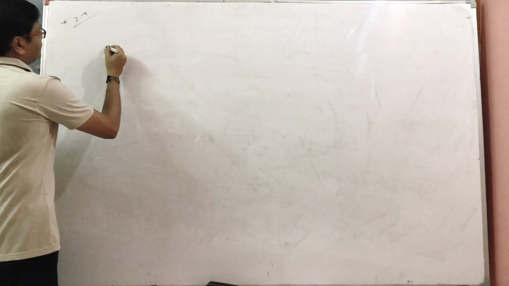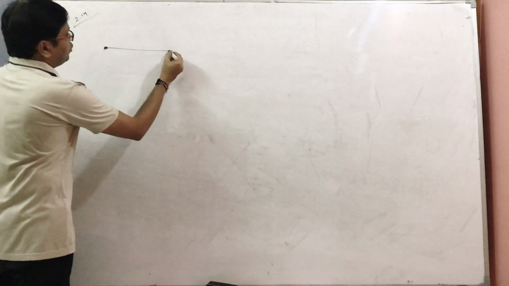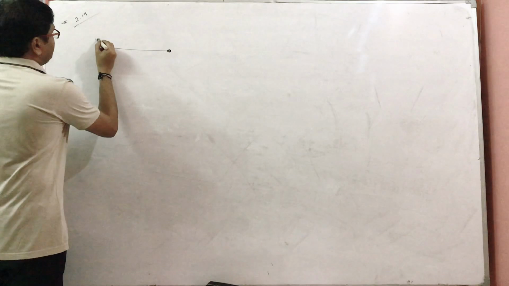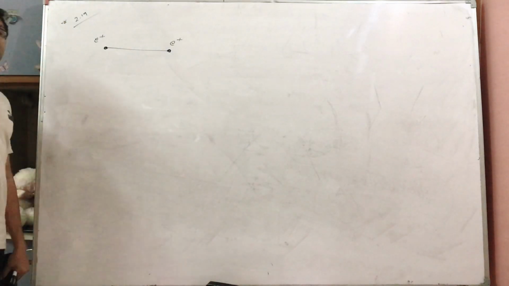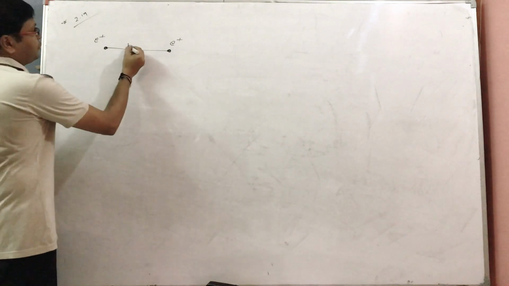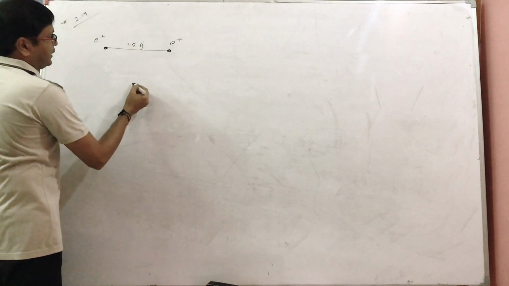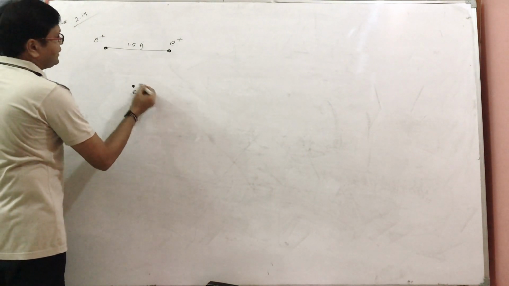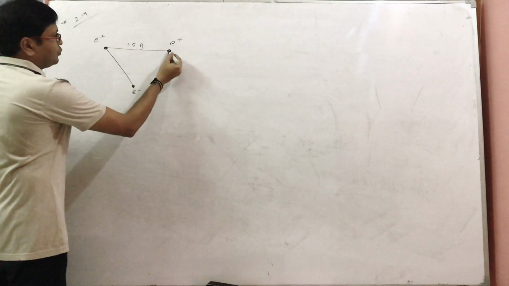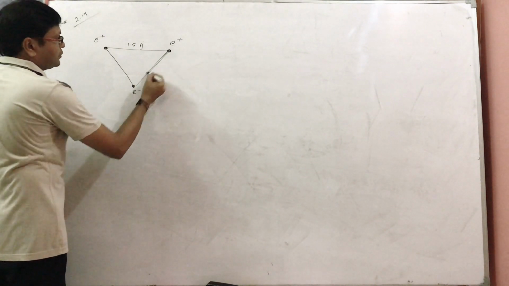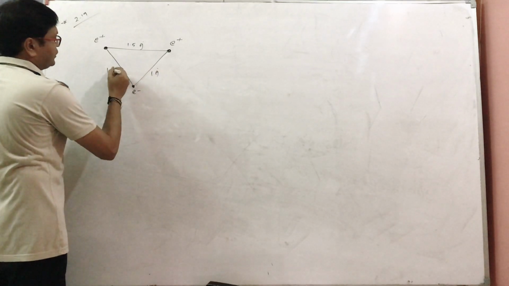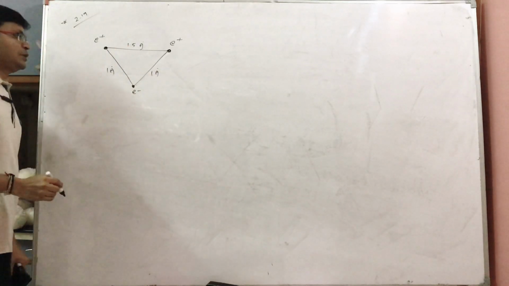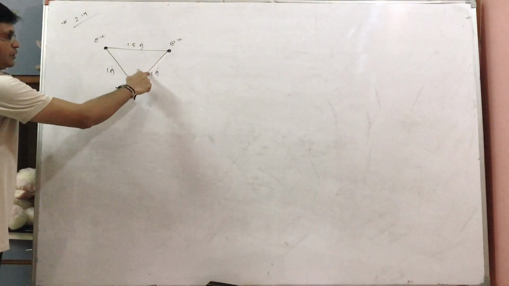You can see here these are the two protons, e plus, e plus. The two protons are separated by roughly 1.5 angstrom and the electron is at a distance of 1 angstrom from both protons. This is your electron.